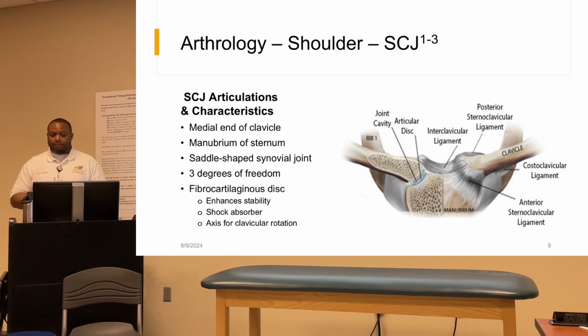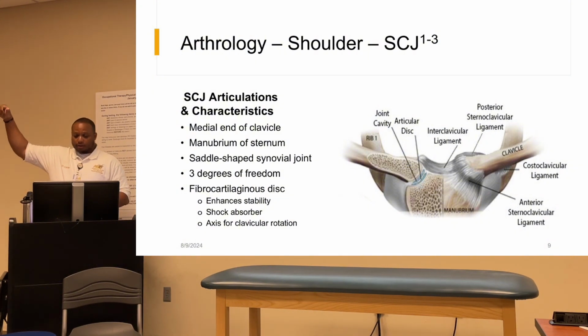So what that means is, with shoulder abduction at the sternoclavicular joint, the slide and glide is going to occur in the opposite direction of the movement.